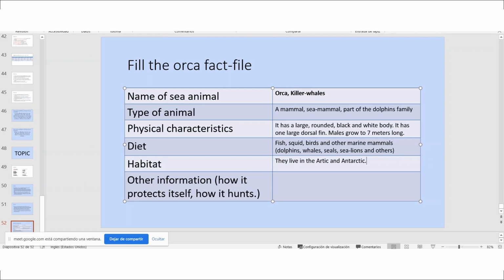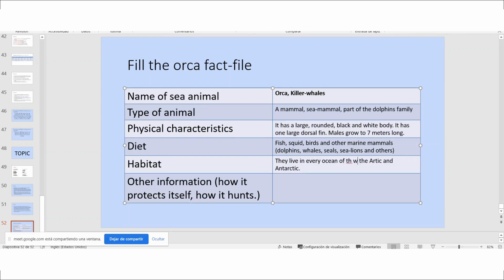So they live in every ocean of the world, but they are mostly concentrated in the Arctic and Antarctic. All right?